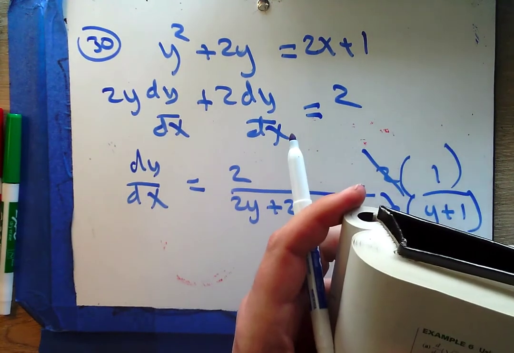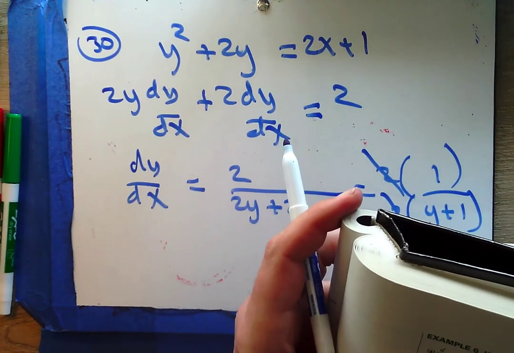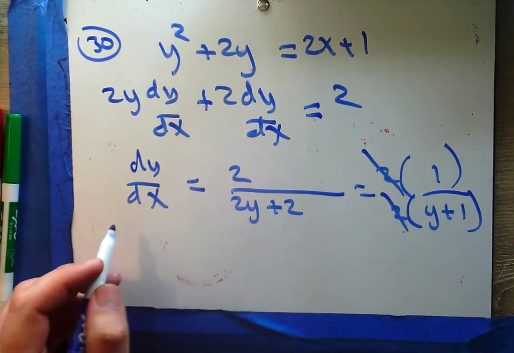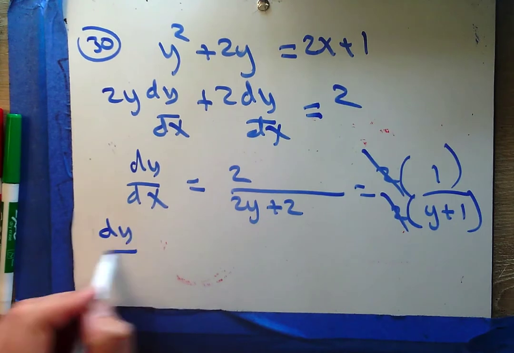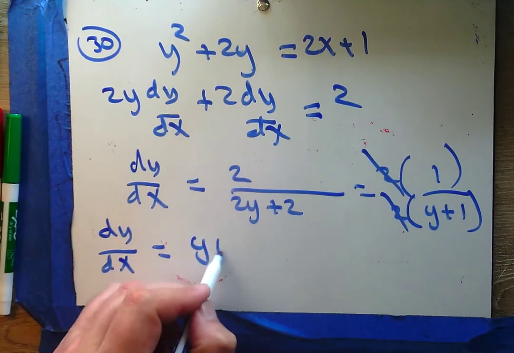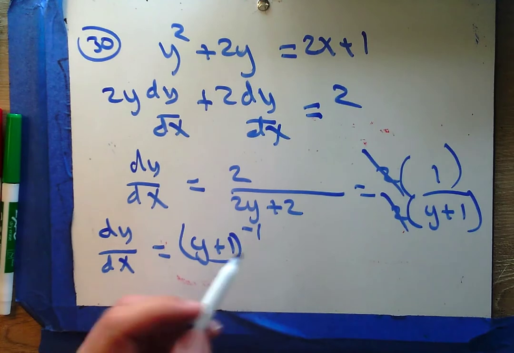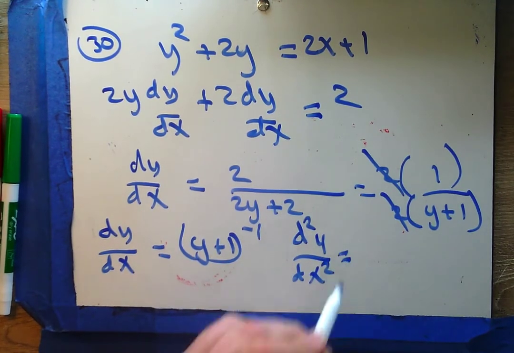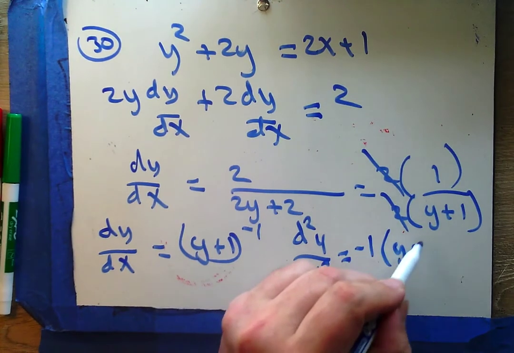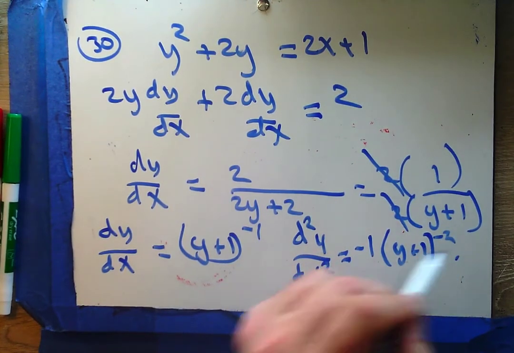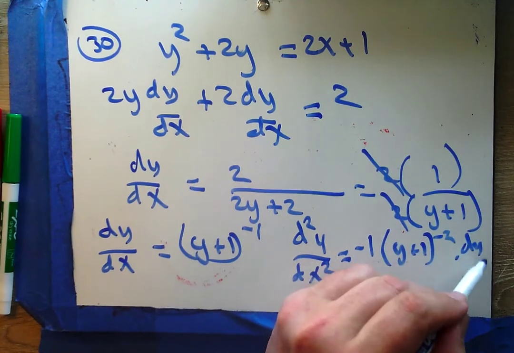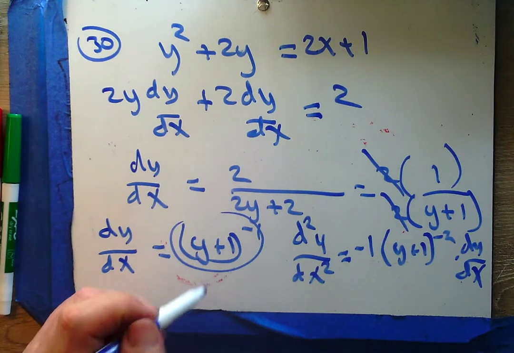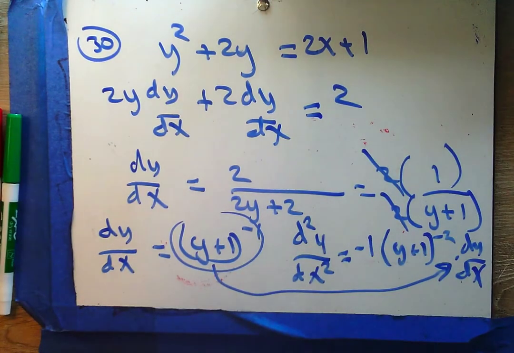What are we doing here? We are finding first and second derivative. Okay, so there's the first derivative. I kind of want to say that the first derivative is (y plus 1) to the negative 1. So, second derivative is negative 1, (y plus 1) to the negative 2 times the derivative of the inside with respect to x. Well, this is the derivative of the inside, so this has to go in there.